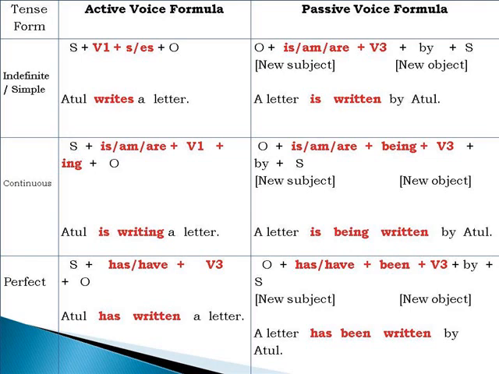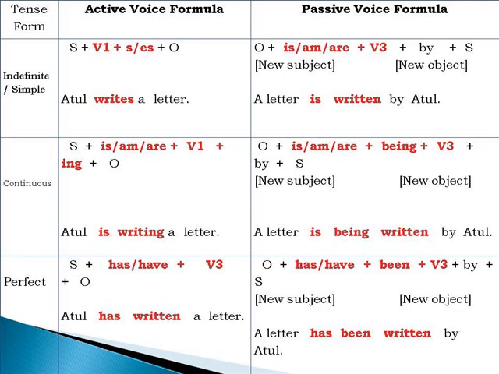That is, "Atul writes a letter" becomes "A letter is written by Atul." And continuous tense: subject plus is/am/are plus verb 1 plus ing plus object. And in the passive voice: object plus is/am/are plus being plus verb 3 plus by plus subject. "Atul is writing a letter" becomes "A letter is being written by Atul."